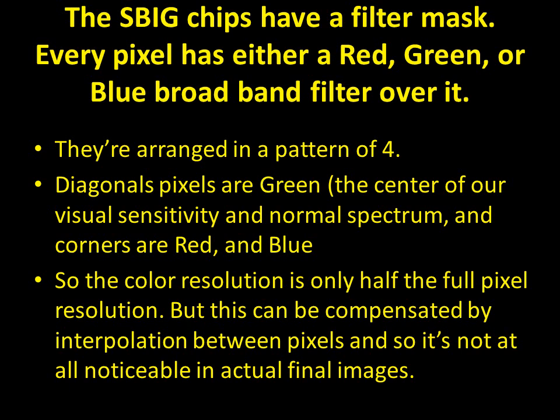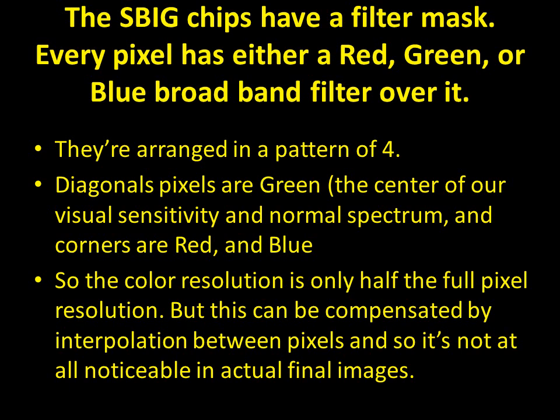Now you might say, well, this is a pattern of 4. You need all 4 pixels just to render one color. So that means I've really only got like 500,000 different color possibilities. Yeah, the color resolution is only half of the full pixel resolution, but in fact, it's not at all noticeable.